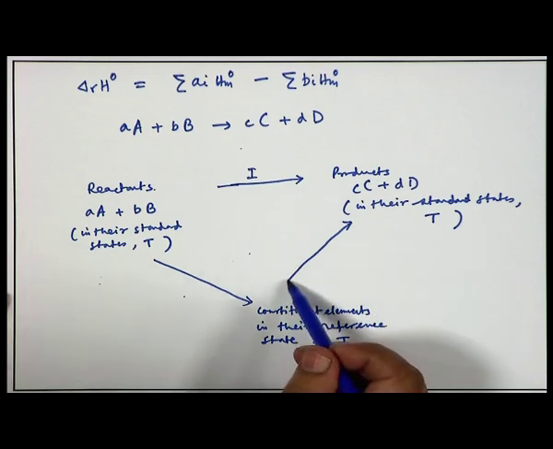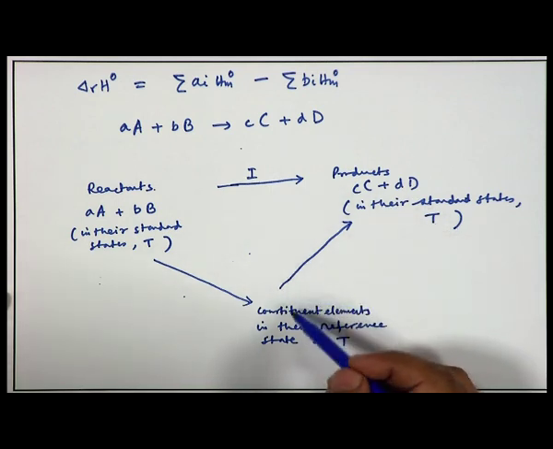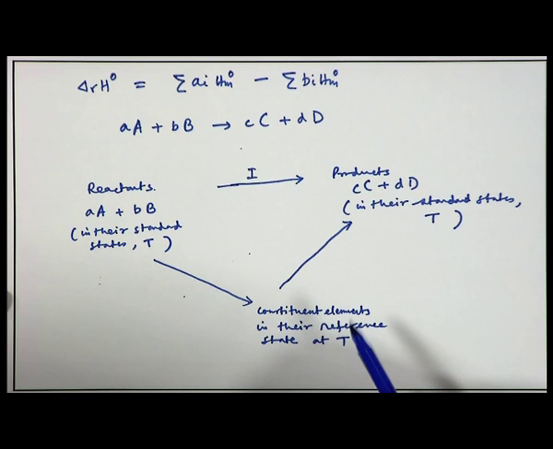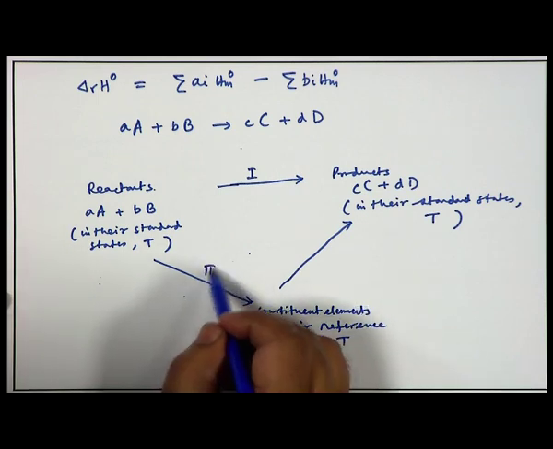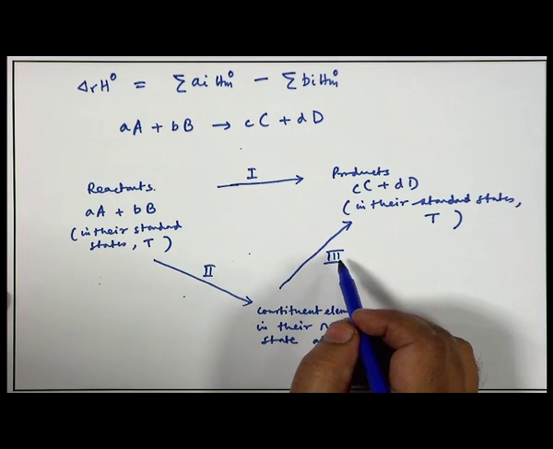So, we can imagine another reaction where the constituent elements are forming the products. We mark them as equation number 2 and 3.